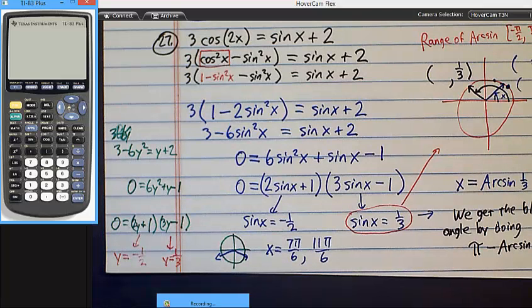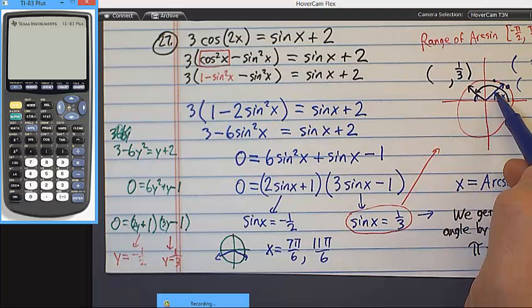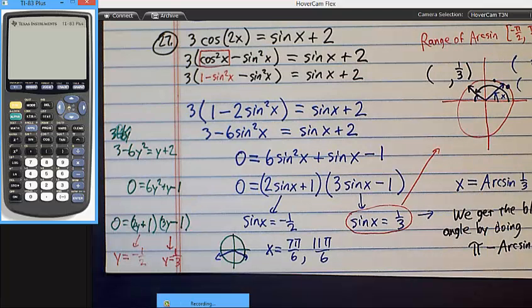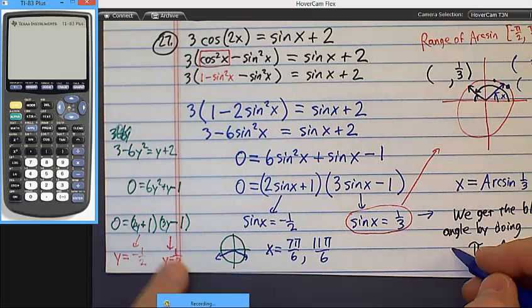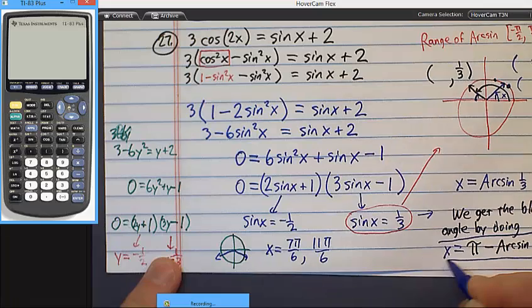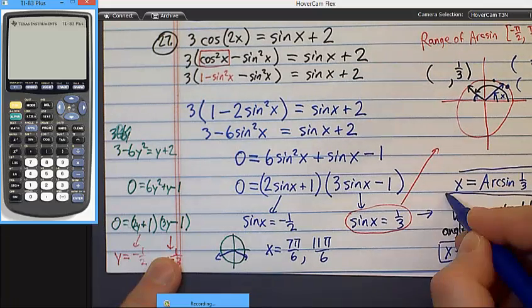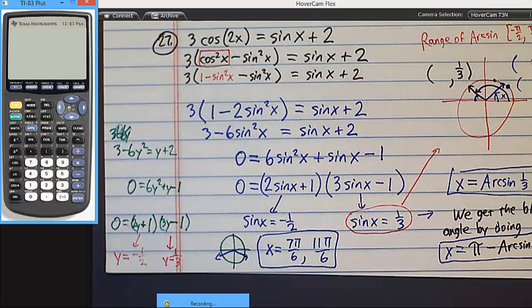How many degrees? 180. And would you agree that this angle in here, which I just denoted in blue, is the same as that angle right there? Yeah. So it's pi minus that blue angle. And so I claim that the fourth answer to problem 27 should be this. So there they are. Those are the values I would get for number 27. Is that what he put? Yeah. Okay.